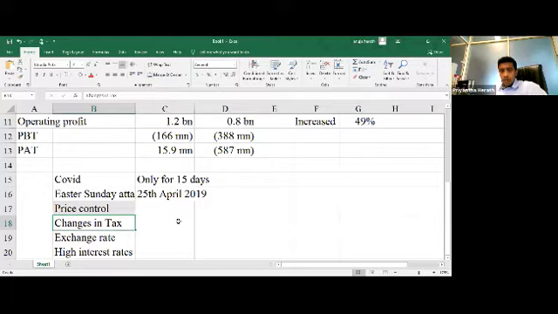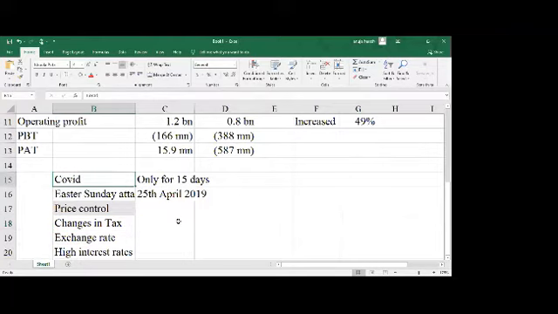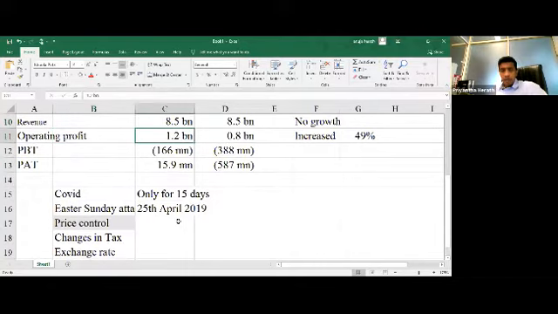For operating profit, is there an impact of tax? Income tax? No direct impact. This is before tax, so therefore no impact of income tax.